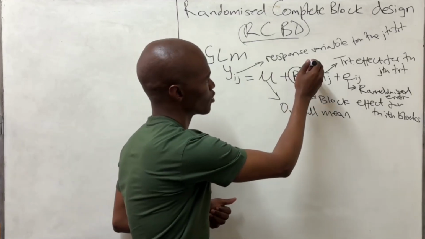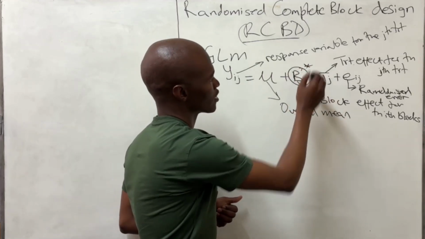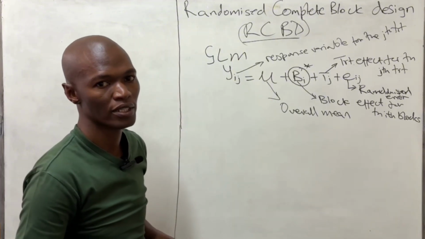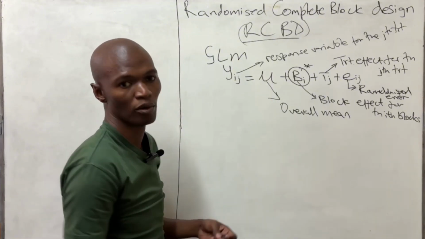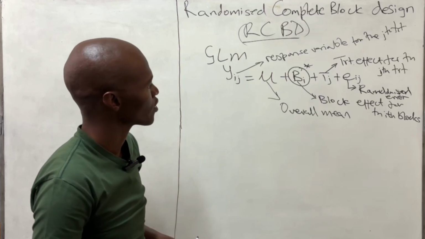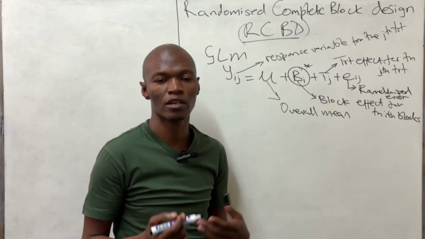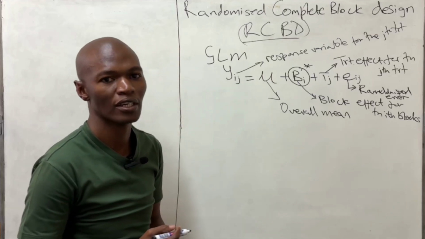So you can report about it as well in your results. So this is our general linear model for the randomized complete block design.